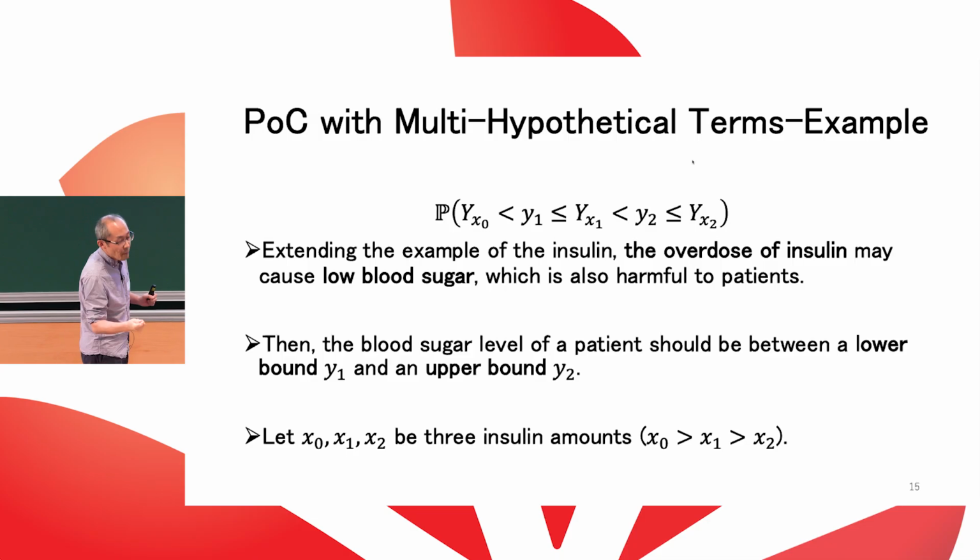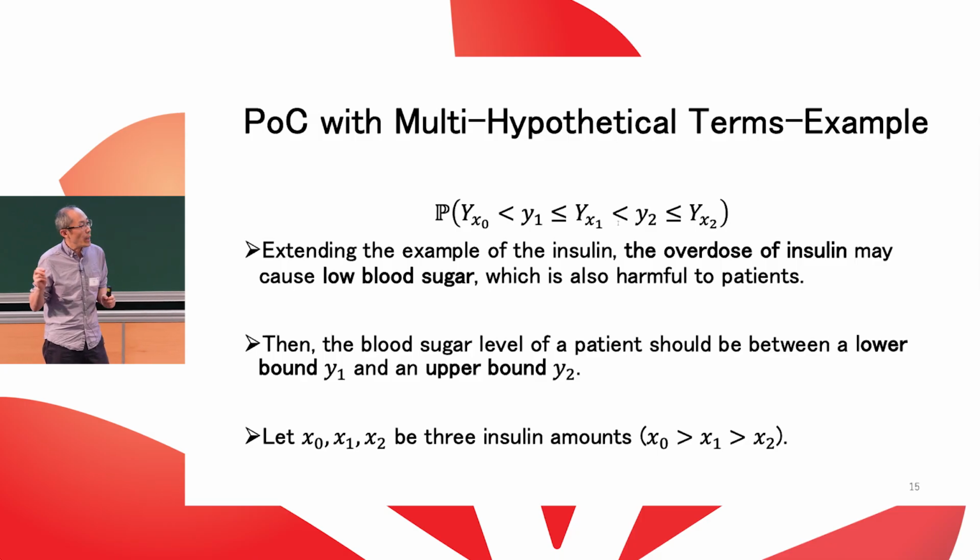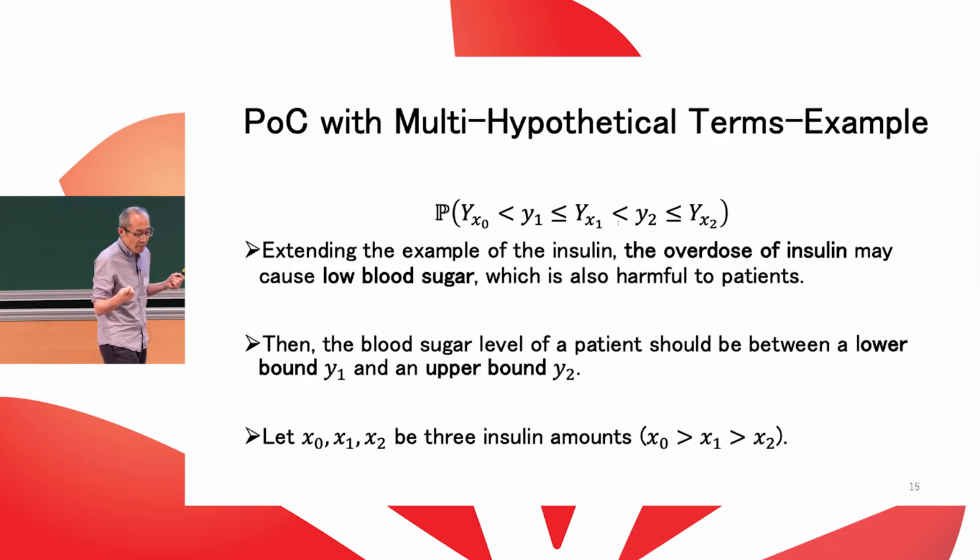That's also harmful to the patients. So we can consider a scenario where we have two thresholds, a lower threshold y1 and an upper threshold y2. What we want is an insulin level, for example x1, such that the blood sugar level should be between y1 and y2.